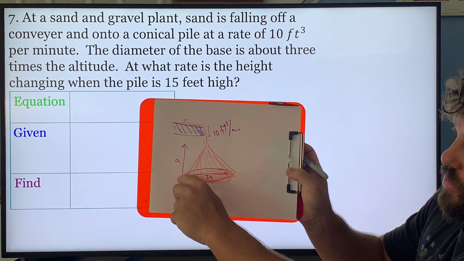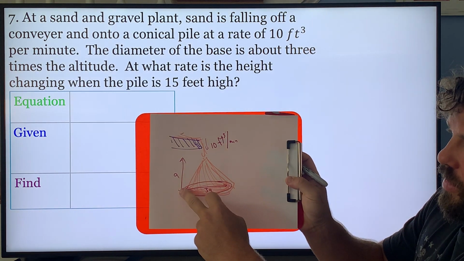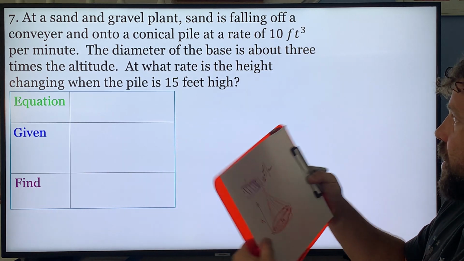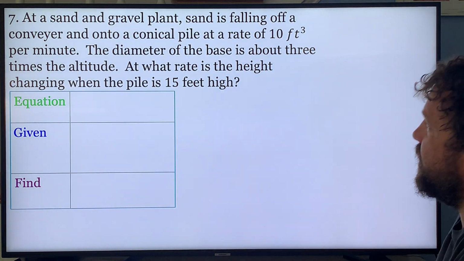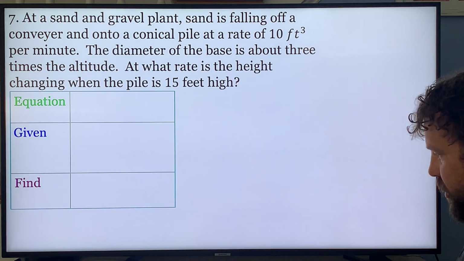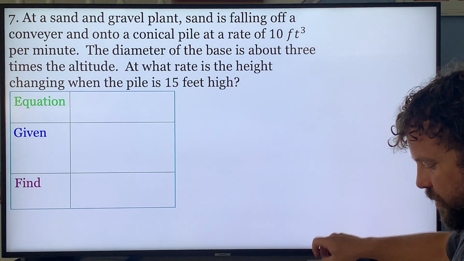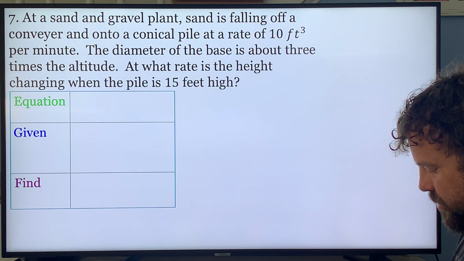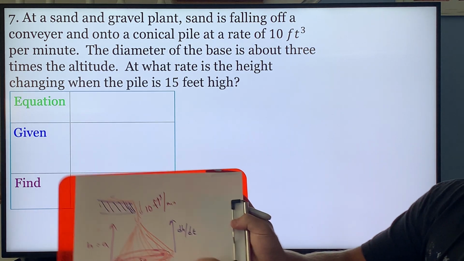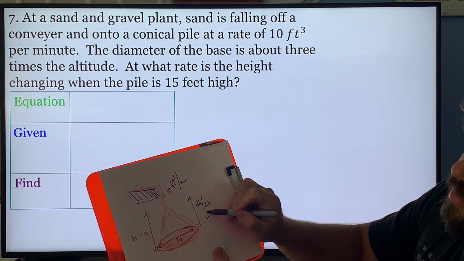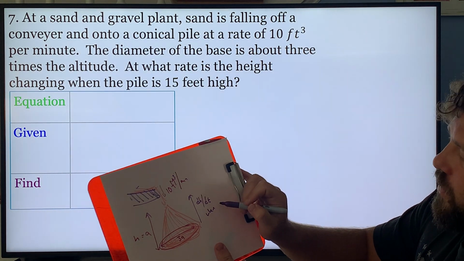So whatever the altitude is, the height, the base is 3 times that. This isn't a very good drawing scale. Altitude and height are the same thing. So I got that. At what rate is the height changing when the pile is 15 feet tall? You're looking for how much higher this is getting when it's 15 feet tall.